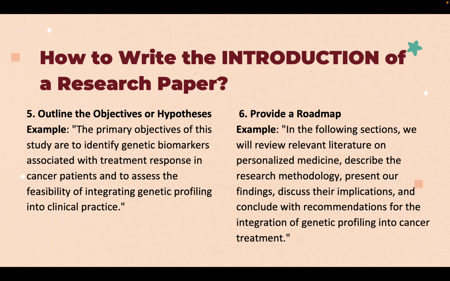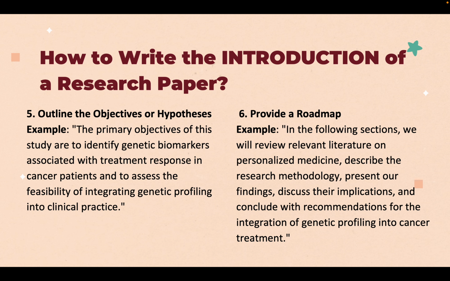Next is to outline the objectives or hypothesis. Why we need to outline? We will briefly mention the specific objectives or hypothesis in our study, indicating what we aim to achieve or to test.